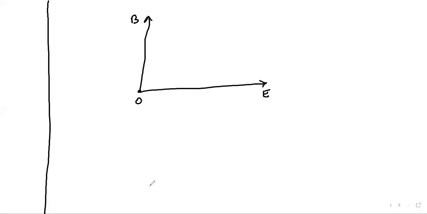We know that E bar equals V bar cross B bar. So V bar is perpendicular to both E bar and B bar.